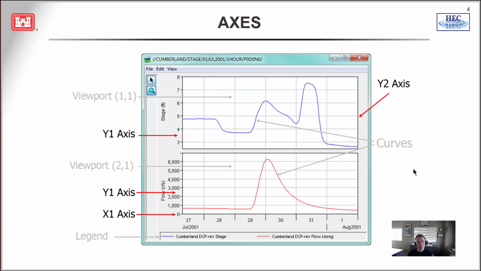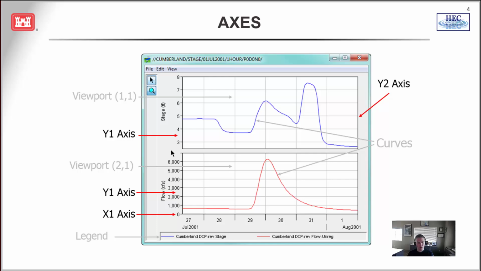All right, in addition to the viewports, we have different axes. Since we just have two data sets in this example, we only have one y-axis on both of these viewports. In viewport 1 on top, we have stage as the data set, and the axis shows a range of about 2.5 up to 8, with units of feet for the y-axis.